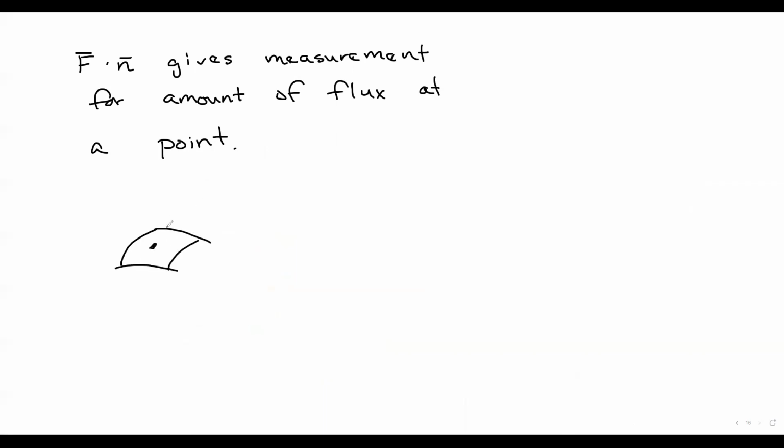We know on that patch we have a normal vector. Let's say this point is Pij, and it's somewhere on my patch. Then we can calculate the normal vector at Pij.